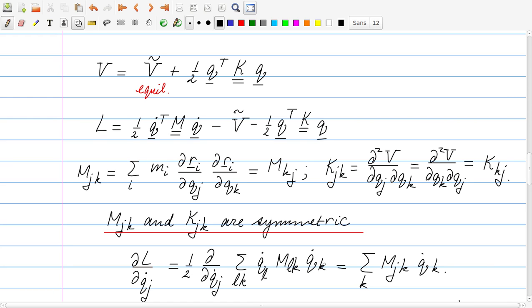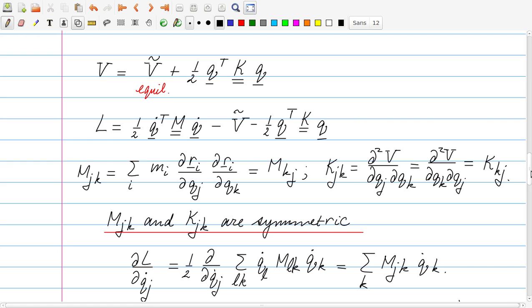But the same can happen when we take the derivative with respect to q̇_k. k will also assume the value j, and then we have a term q̇_l times m_lj, and because M is symmetric in the indices, we can also write that in this form, so the factor of 1/2 is compensated by the factor 2.